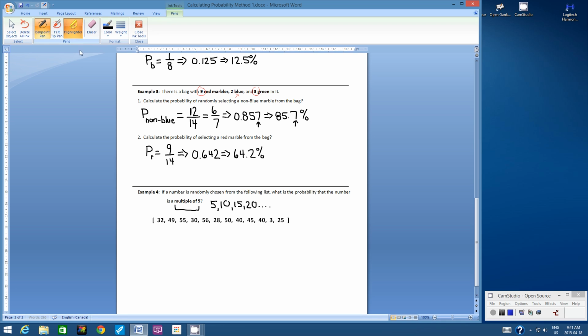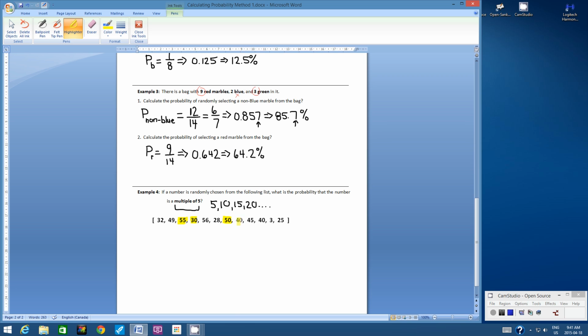So let's look at our list here. Is 32 a multiple of 5? No. Is 49 a multiple of 5? No. Is 55 a multiple of 5? Yes, it is. Is 30? Yes, it is. So in other words, if the number ends in 0 or 5, it is a multiple of 5. Is 56? No. 28? No. Is 50?